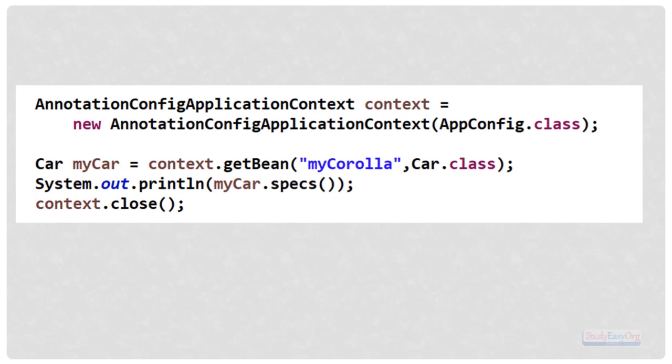Car is nothing but an interface in our application, and we have created an object based on the car interface, which is nice, which is cool. But now we are injecting an object of car type to this reference, and this injection is done without making use of the new keyword, and this concept is known as dependency injection.